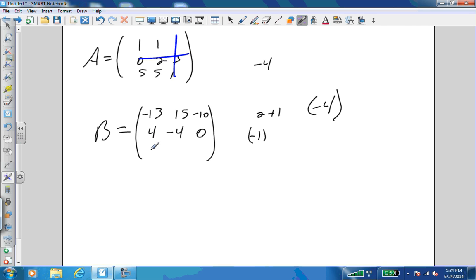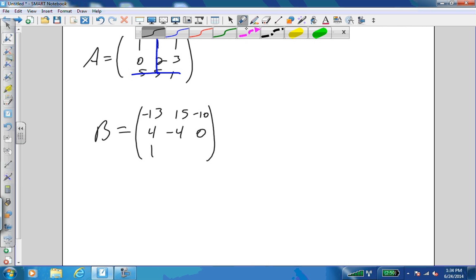So then we go to the last row. Mark out row and column. We have 3 minus 2, which is 1. That's the third row, first column. So that's even. So we use the sign. Mark out row and column. We have 3 minus 0, so 3.